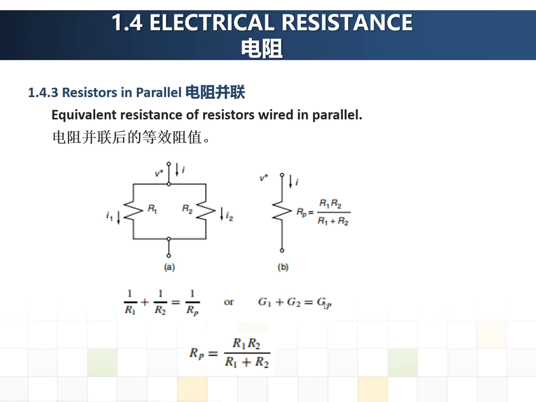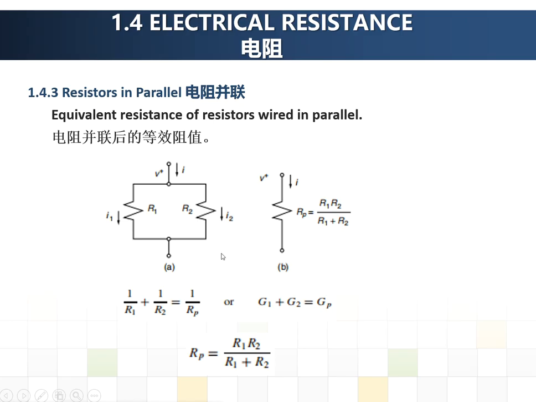Section 1.4.3, resistors in parallel. This is the equivalent resistance of resistors wired in parallel. As shown in graph A, there are two resistors in parallel.